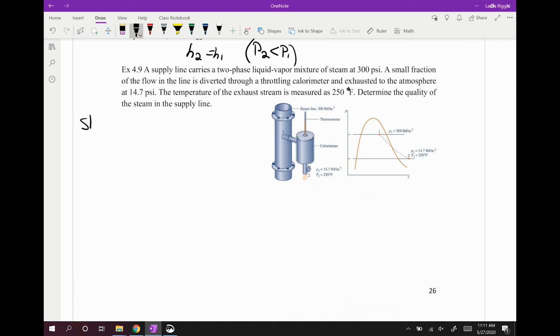So we have state 1 is two-phase. We have T1 is equal to 417.43 degrees Fahrenheit. At state 2, we know that H1 is equal to H2.